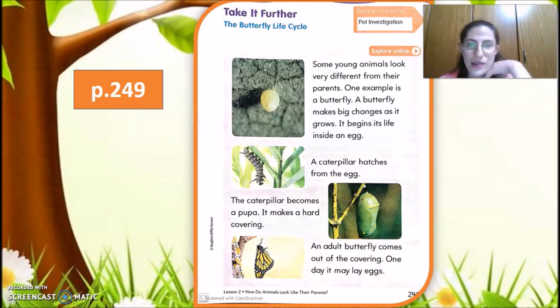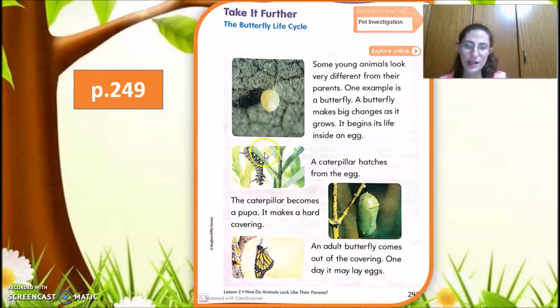Clear? So not all the animals look like their parents. Some young animals might be very different from their parents, such as the butterfly. So the caterpillar does not look like the butterfly at all, and the egg does not look like the butterfly. So the butterfly starts as an egg, from this egg, the caterpillar hatches, okay? And then the caterpillar changes into a pupa, and then from the pupa, the butterfly comes out.